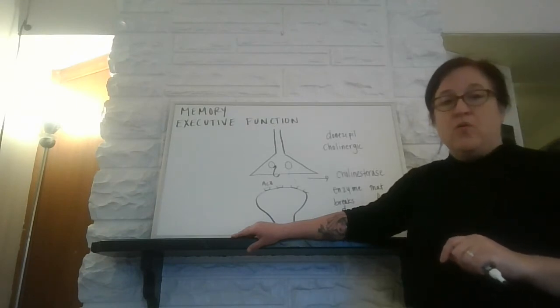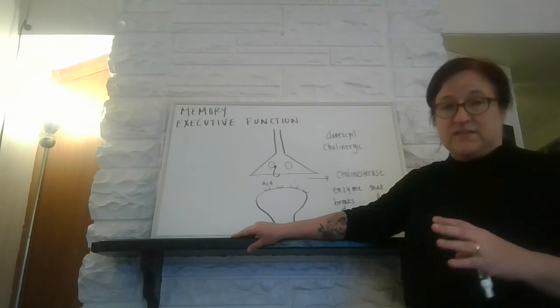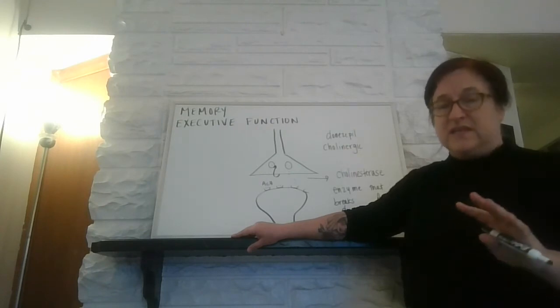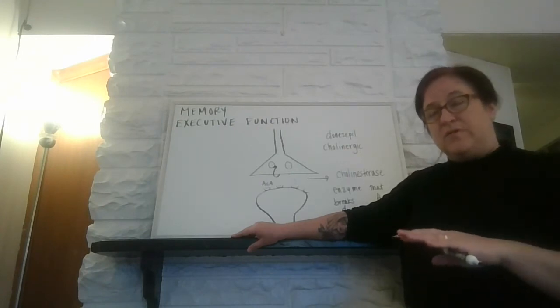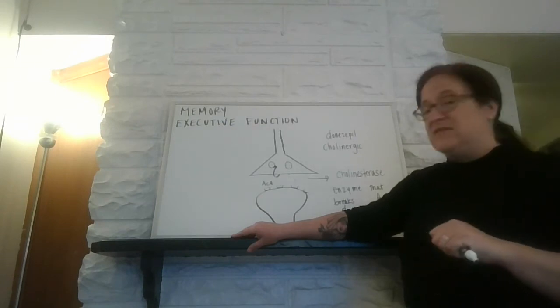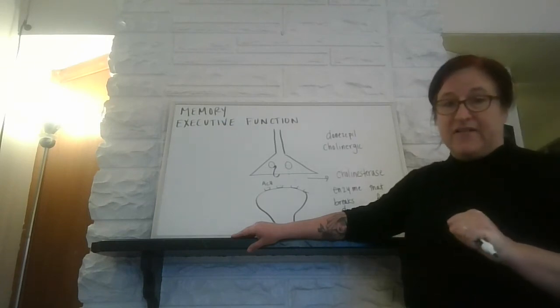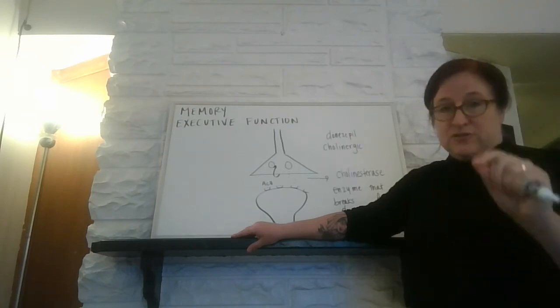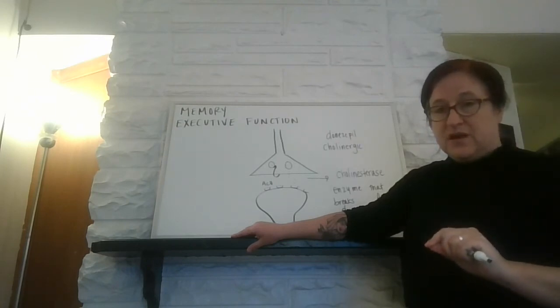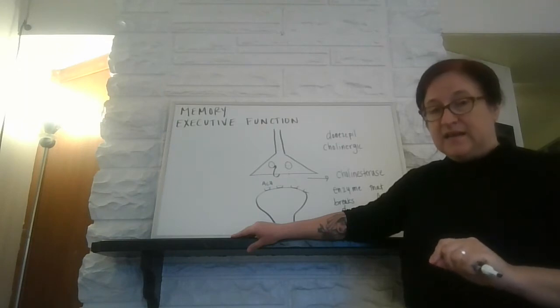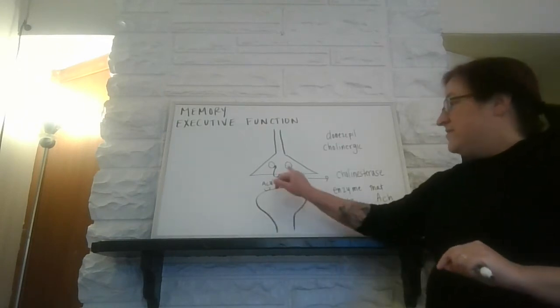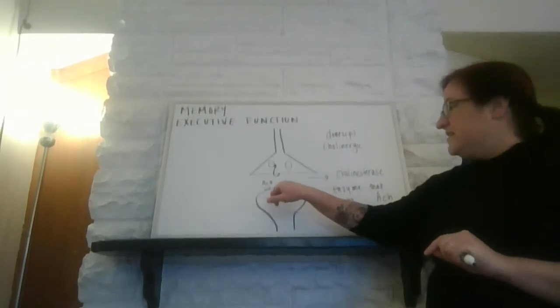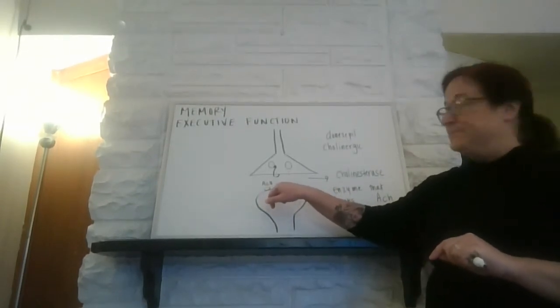problem. So where that occurs, some of these higher functionings, and one of the areas where we start to lay down memory is in the frontal lobe of the brain, or the higher areas of the brain. And this is nerve to nerve activity inside the brain. And that nerve to nerve activity uses acetylcholine.